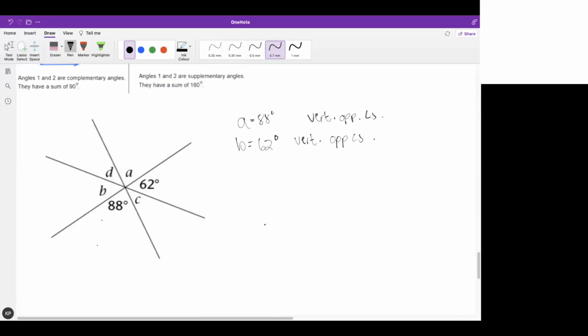For D, no, let me try C. C will be 30 degrees. Okay, C plus 88 degrees plus 62 degrees equals 180 degrees. Reason is adjacent angles on a straight line.